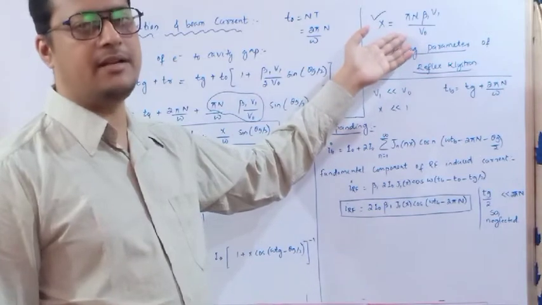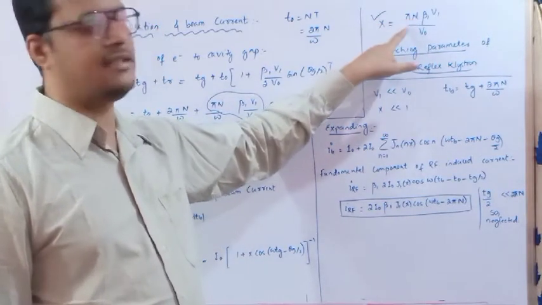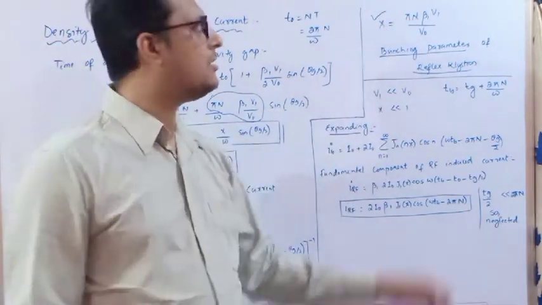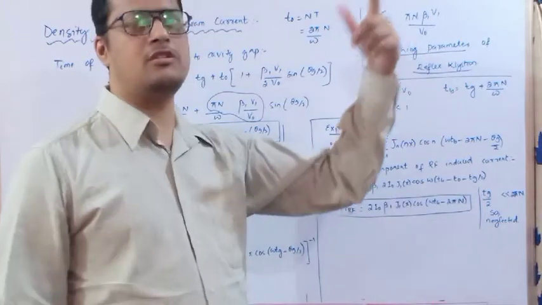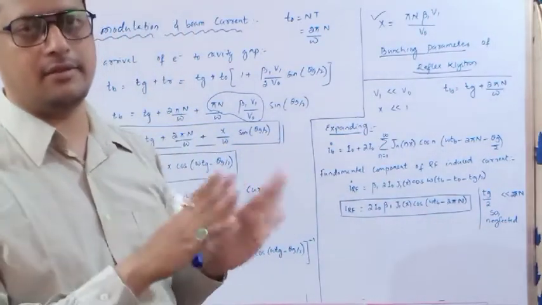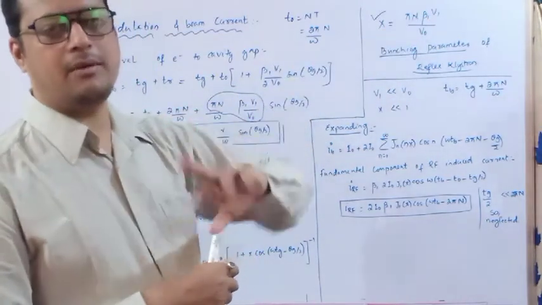If the bunching parameter increases, what will happen? The bunching parameter increases means output power is very less. Why? Because if the number of modes is increasing, output RF power is less. That relation we have also discussed earlier. And beta 1 is the beam coupling coefficient.